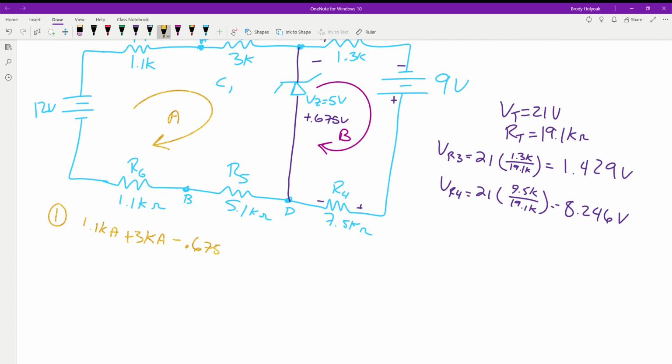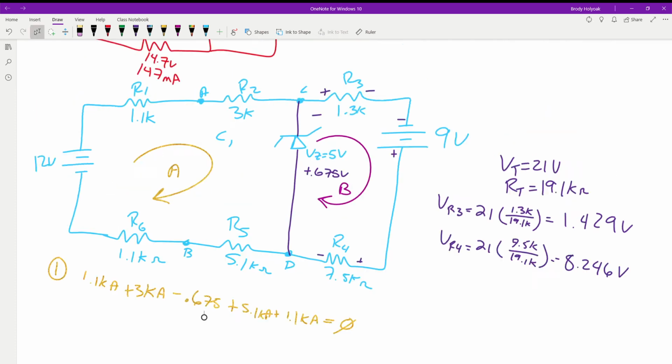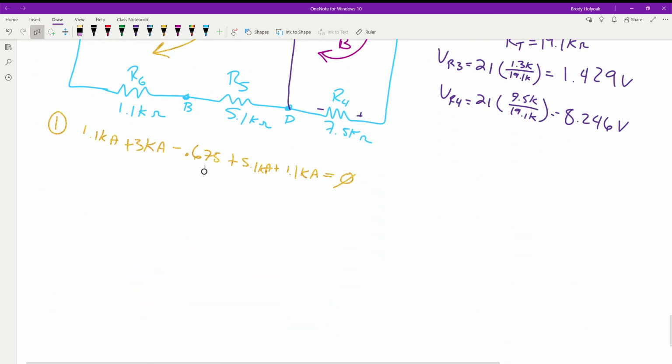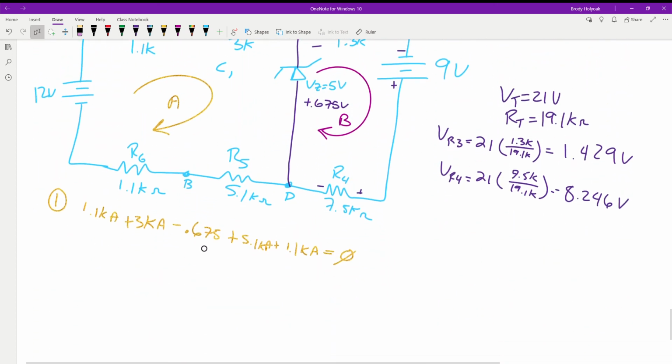So minus, and then we got the plus 5.1K plus the 1.1K times A equals 0. In this case, we've already solved for this voltage, so now we don't have to worry about the B between those. Now we're just going to solve for what our A current is.